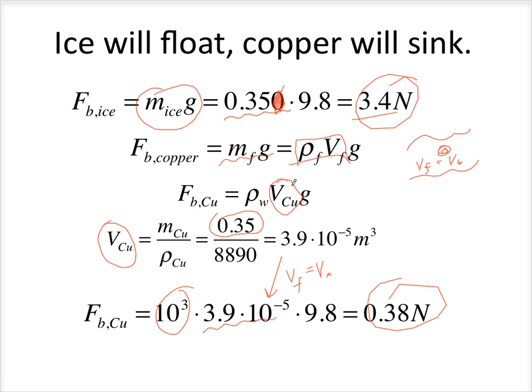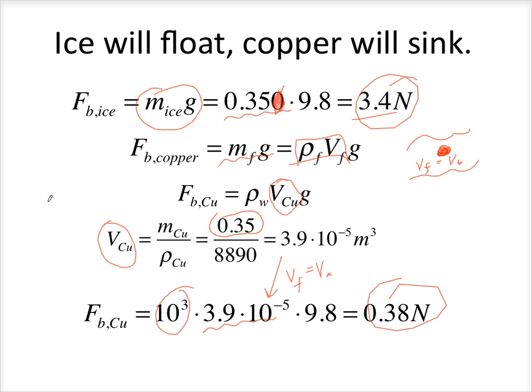So even though copper is heavier and more dense than ice, it still has less buoyant force on it because its volume is small. Obviously, if we had a greater chunk of copper with a mass greater than the mass of ice, we would have a different case.